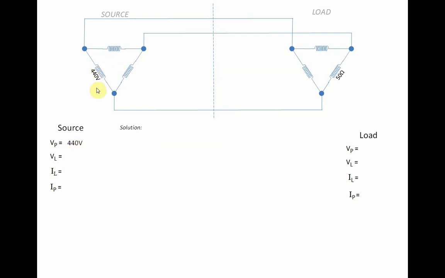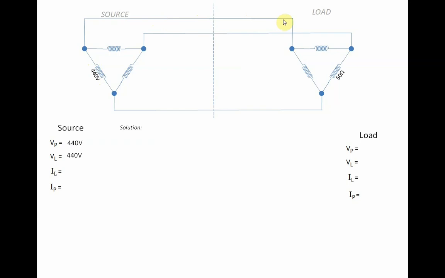Now, since in delta connection the line voltage is equal to the phase voltage, our line voltage is 440 volts. Take note, if a generator generates 440 volts at the line, how much voltage would now be delivered to the load?